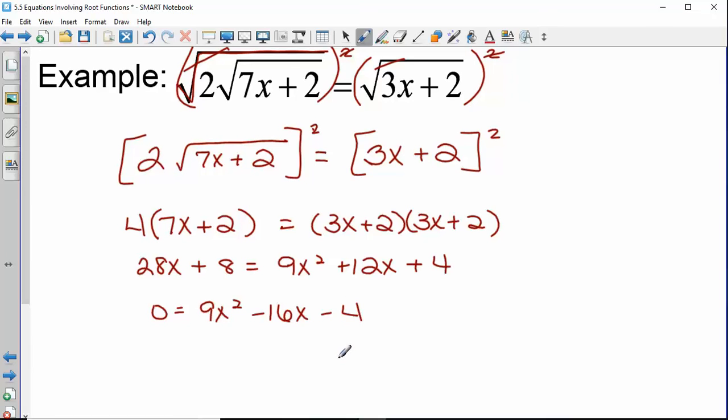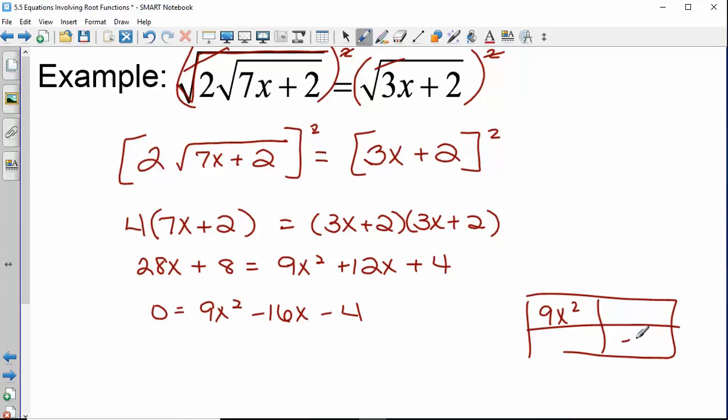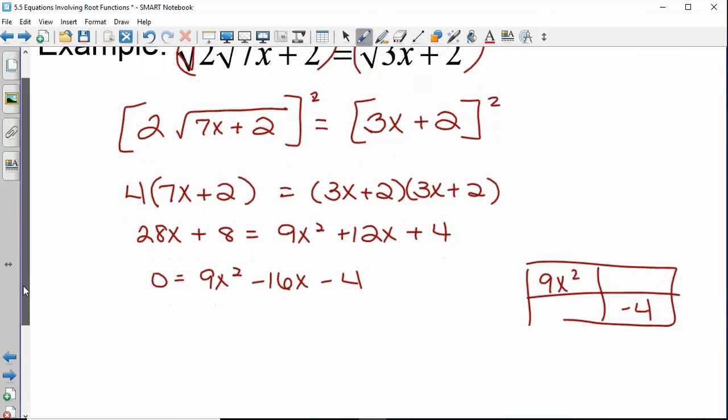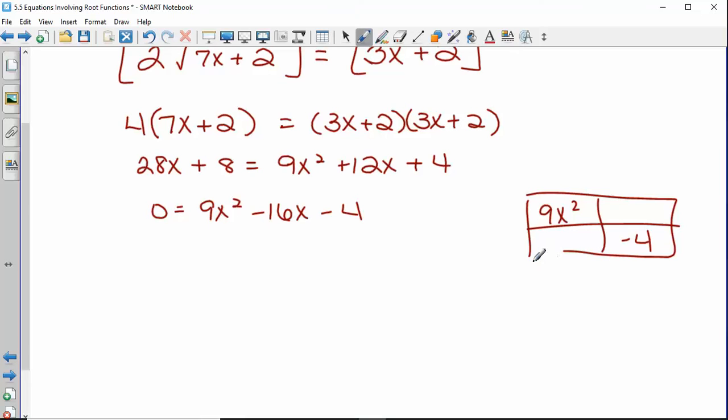Can I do the shortcut? No. Full box method. So I need two numbers that multiply to negative 36 and add to negative 16.